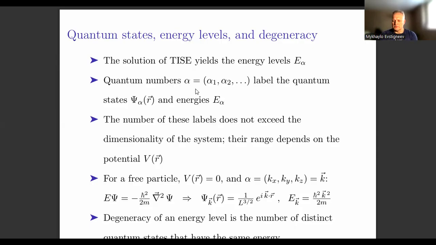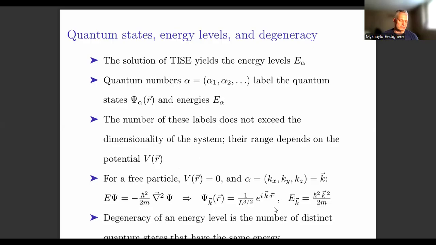The range of these quantum numbers depends on the potential V of r. We will discuss specific examples later, but okay, actually, let's discuss one specific example that you are already familiar with. A free particle, so the potential is 0. A free particle has the wave function in the form of a plane wave, e to the power i(kr minus omega t). The time-independent part of this wave function is just exponential to the power ikr with the normalization factor 1 over L to the power 3/2.